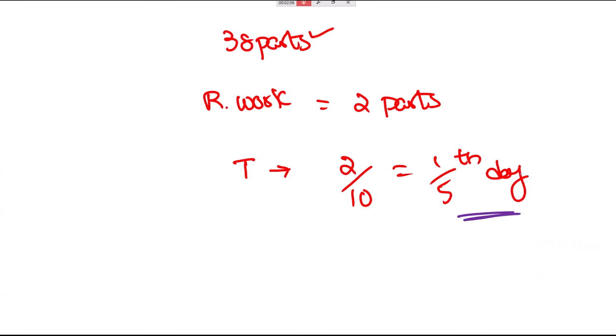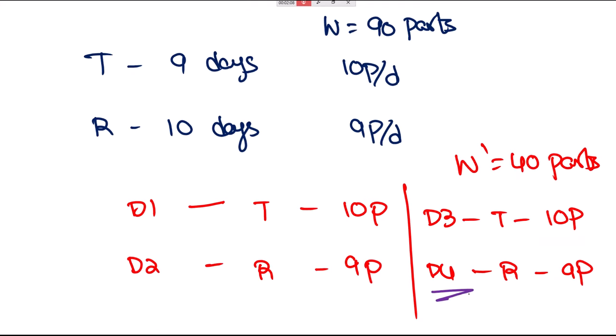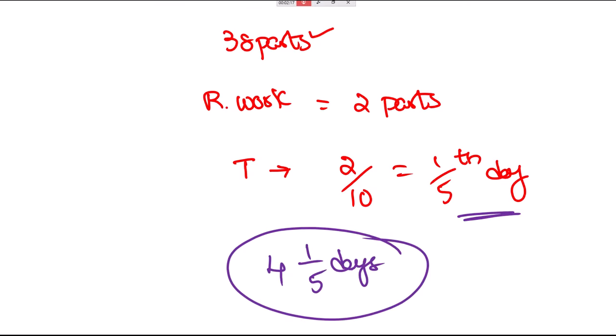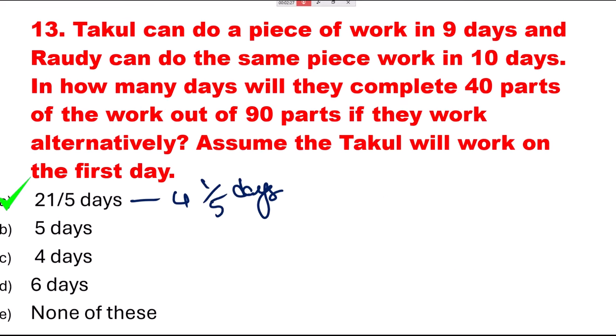Here 1 by 5, here 4. 4 1 by 5 is your answer. 4 1 by 5 days, so nothing but 21 by 5 days. That's what option A you can find.